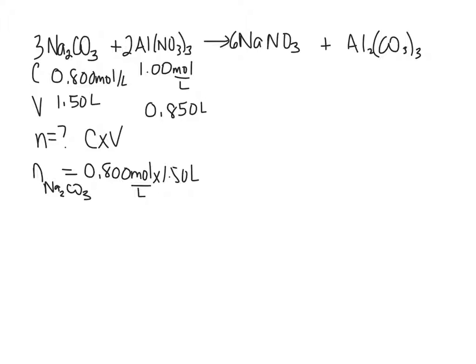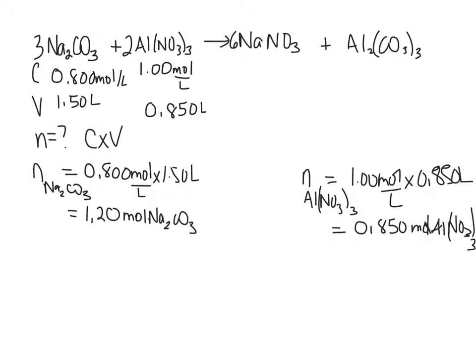For aluminum nitrate, it's 1 mole per liter times 0.85. Find those values.